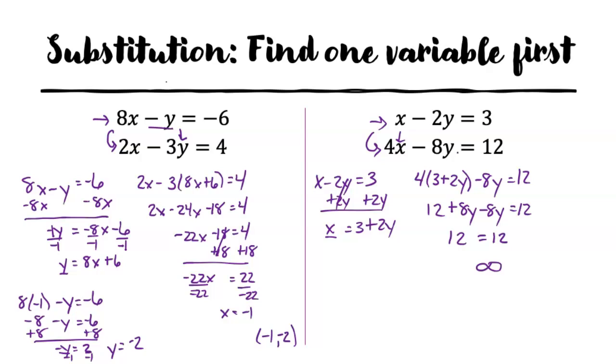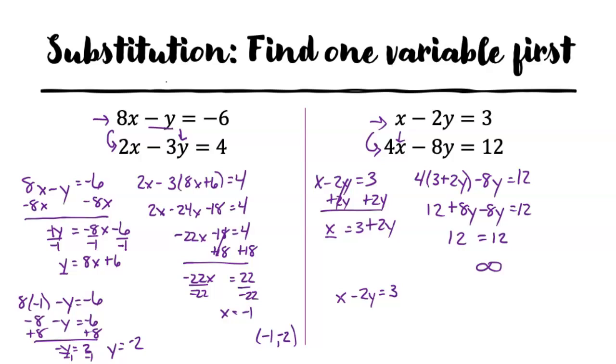Now just thinking about that. x minus 2y equals 3, is that the exact same line as 4x minus 8y equals 12? Are these equivalent? You're like, well, no, they don't look the same. But let's think. If I wanted this x to look like this x, I would have to multiply it by 4, right? So, and this is not what you need to do, I just want to show you, so you can kind of wrap your head around why this is happening.